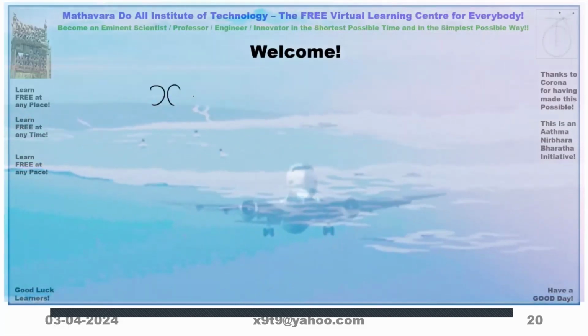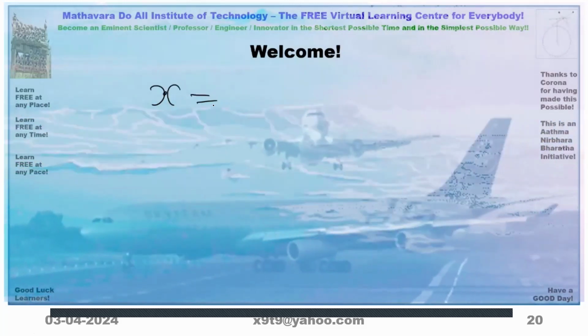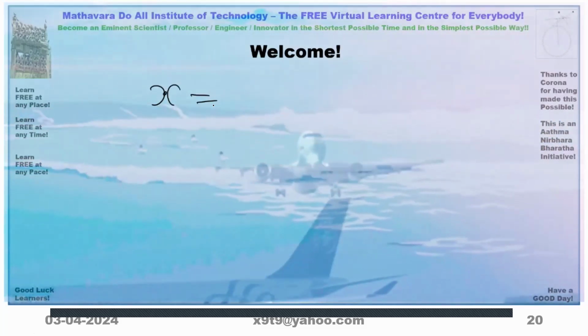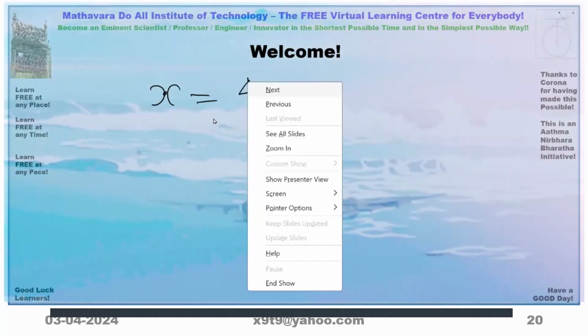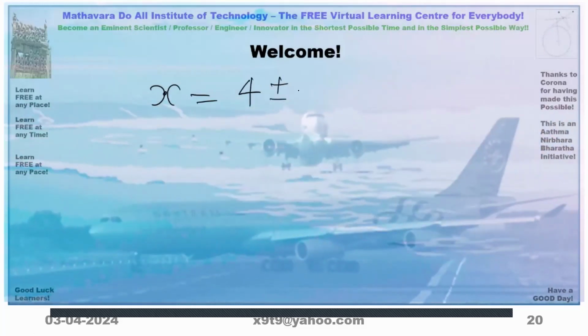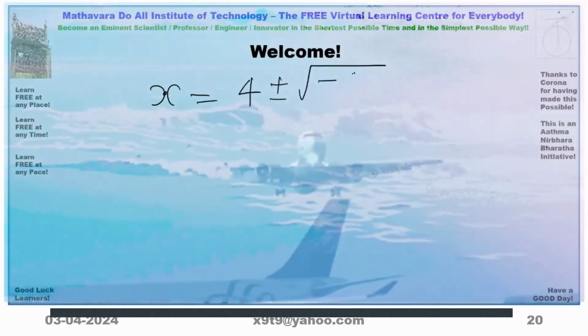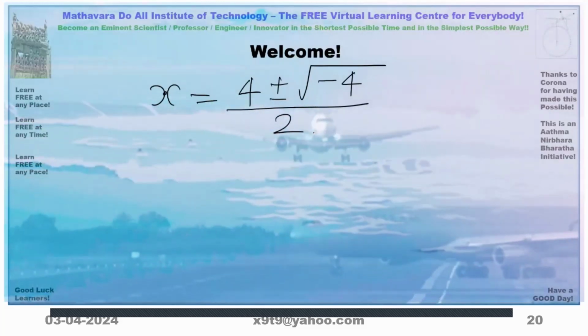we had x is equal to, what was the final step we got? It is like 4 plus minus root of minus 4 by 2. Is it that way?